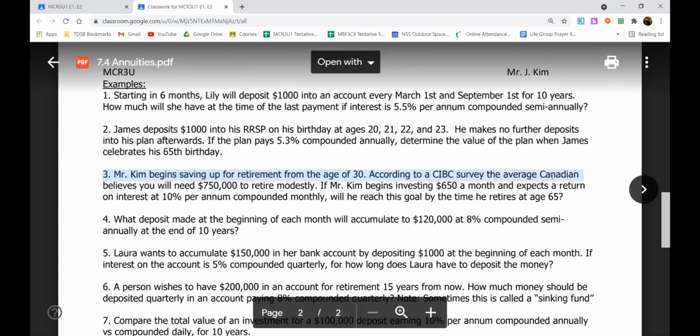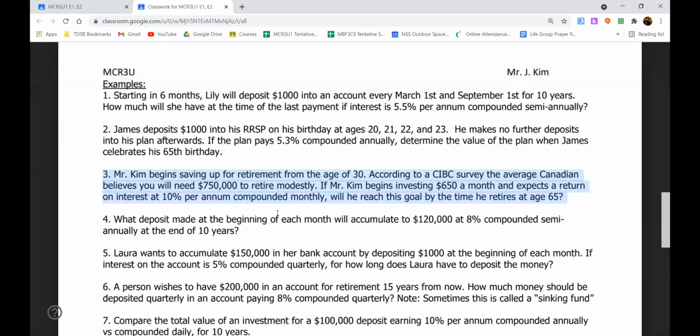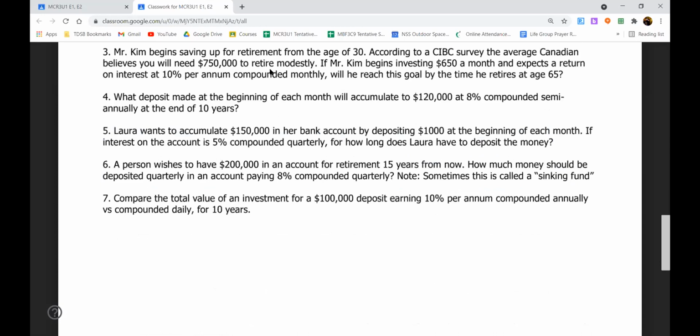According to a CIBC survey, the average Canadian believes you will need $750,000 to retire modestly. Keyword. If Mr. Kim begins investing $650 a month and expects a return on interest at, here's a higher percentage, 10% compounded monthly. Will he reach this goal by the time he retires?